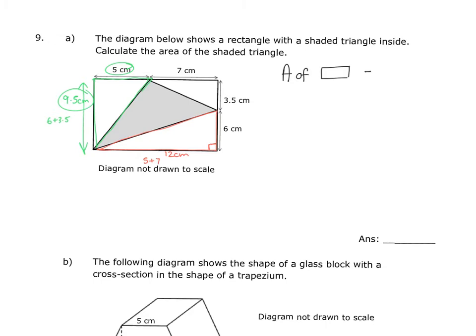And this triangle over here, which is 7 by 3.5. So we have the area of the rectangle minus the green triangle, which is base times perpendicular height on 2. Subtract this one, which is base times perpendicular height on 2.